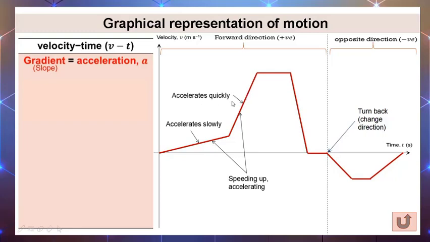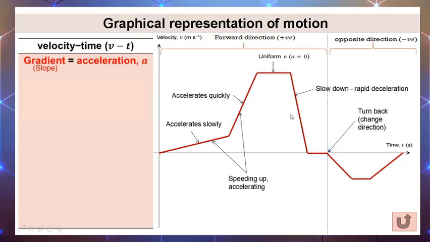That means it accelerates quickly. What does the horizontal line over here mean? It indicates the velocity is constant, or uniform velocity. When the velocity is constant, the object is not accelerating at all. The acceleration is zero.